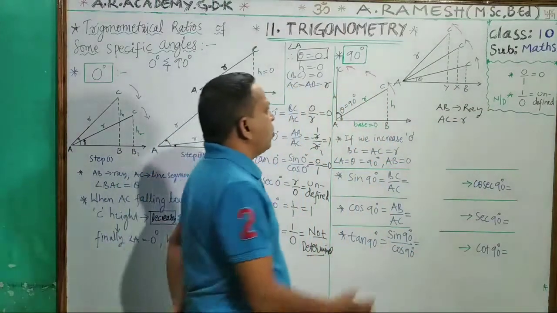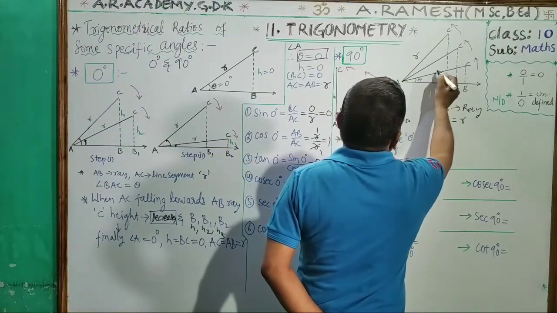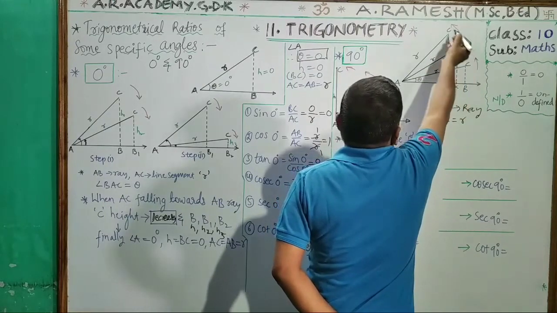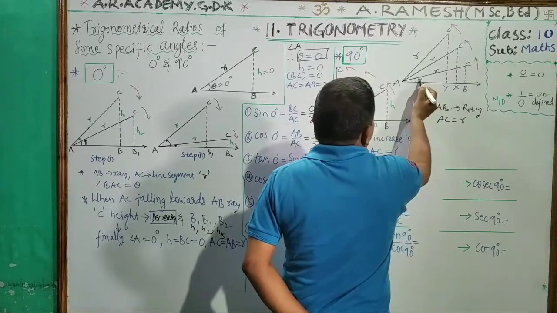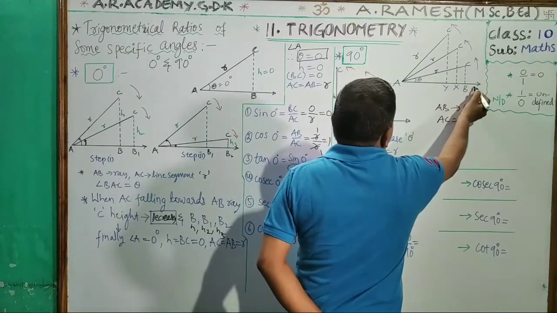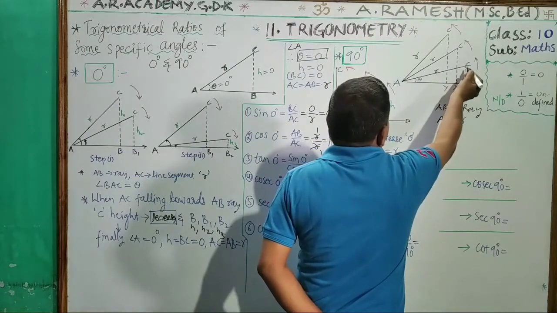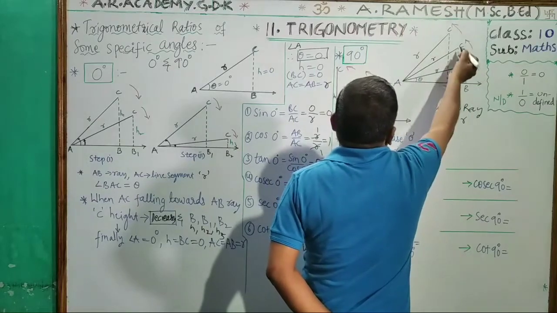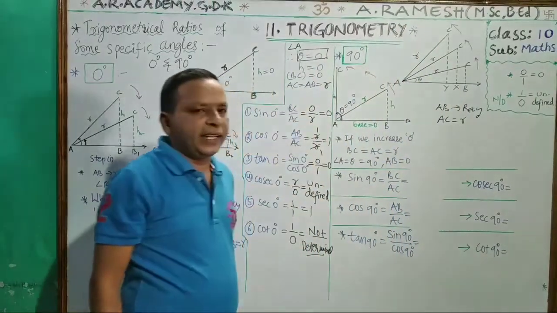Now see what is happening. This AC of length R is gradually moving in this direction. AC makes a theta angle with the ray AB, and it moves in the anti-clockwise direction.